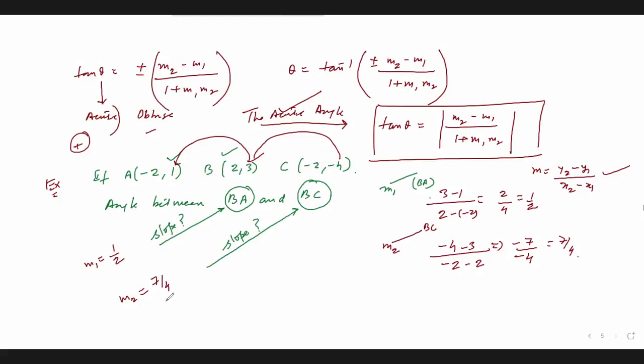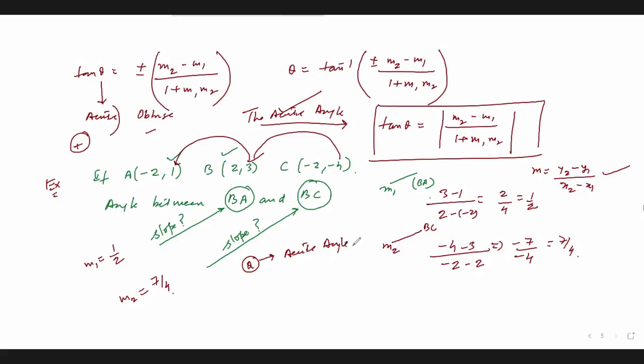So basically I am finding the angle between two lines, BA and BC. For that I should know the slopes M1 and M2, the slope of BA and the slope of BC. Now I can apply the formula. I am finding an acute angle, so let theta be the acute angle between them.